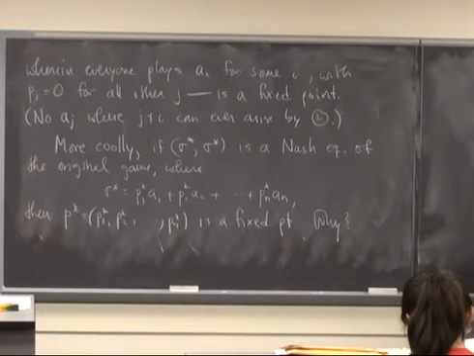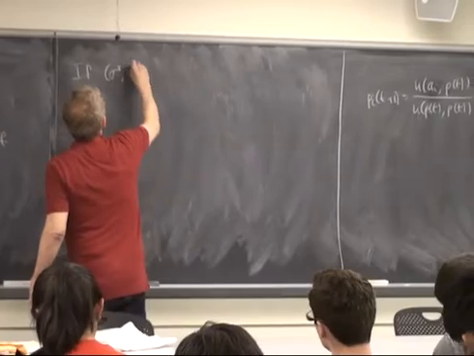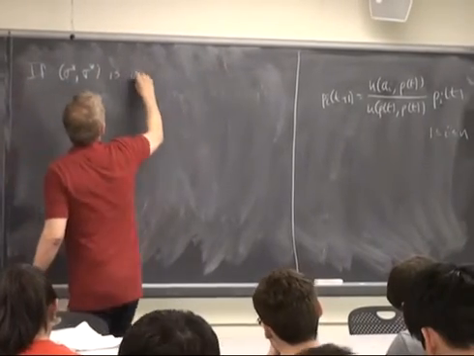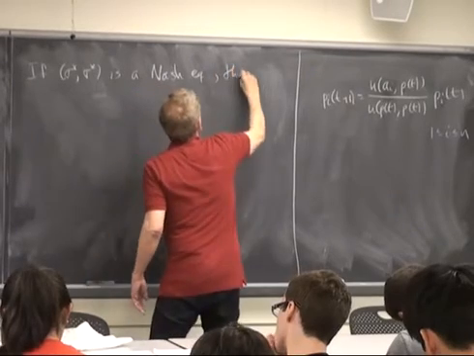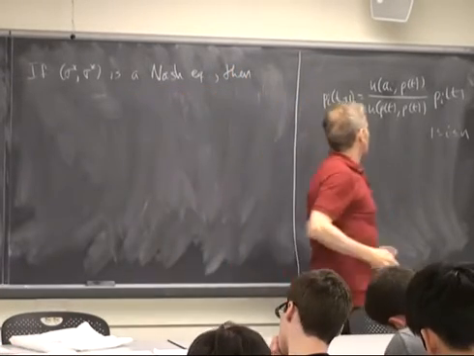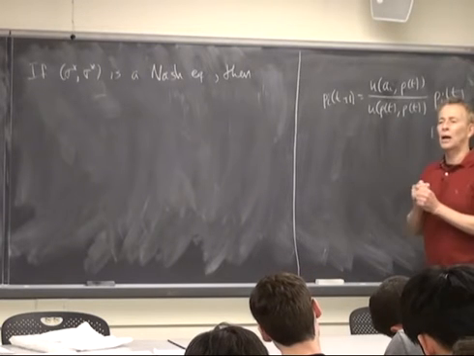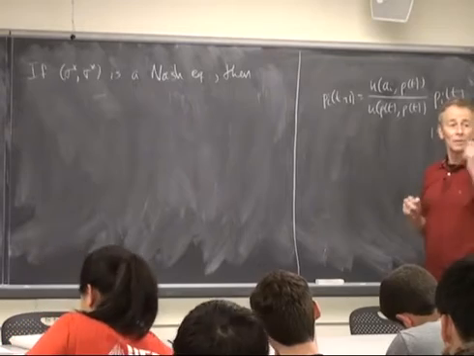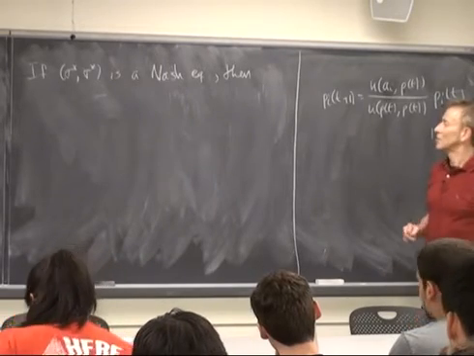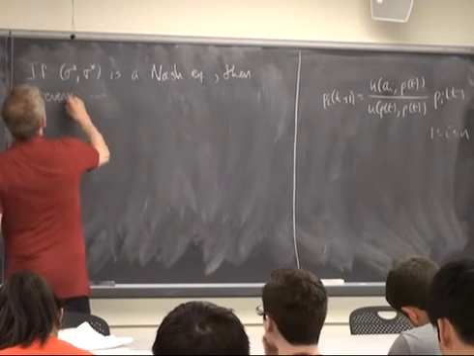All right. If sigma star is a Nash equilibrium, then what do we know about Nash equilibria? We know that every action to which sigma star assigns positive probability has got to be a best reply to sigma star.